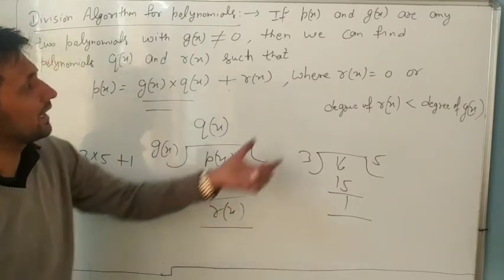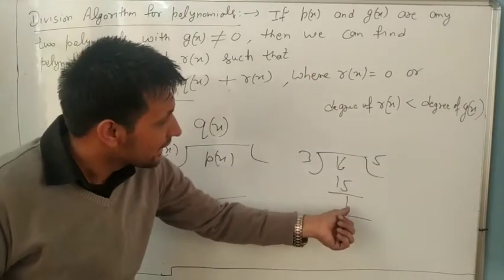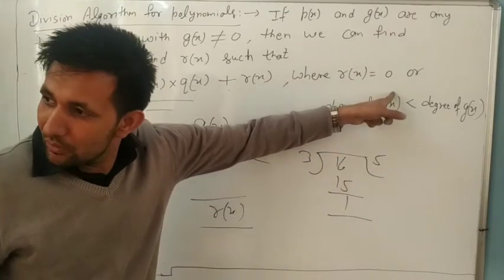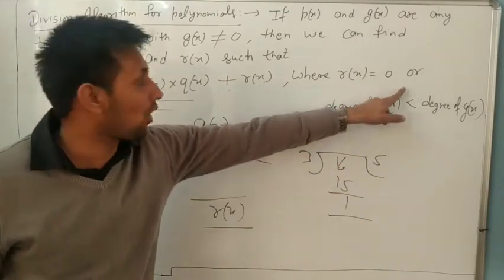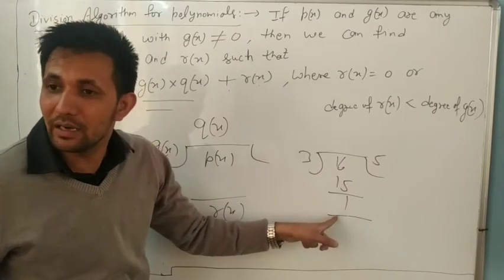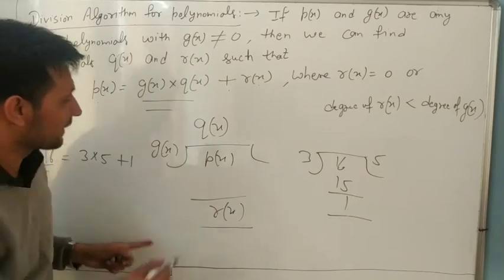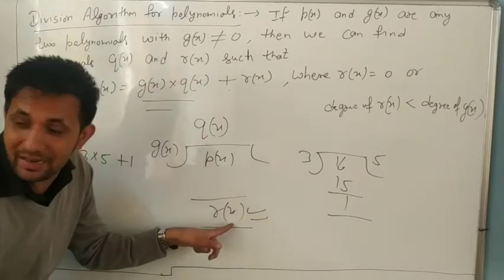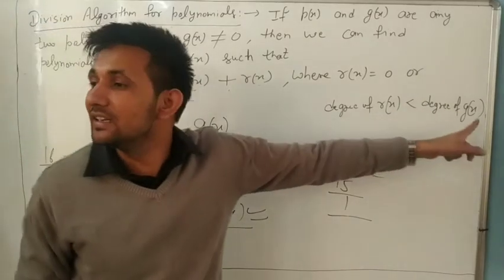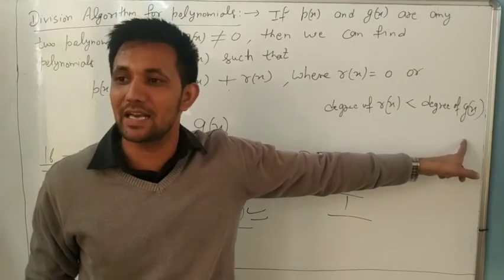Now we will write the condition here. What is r(x)? The remainder may be 0, so r(x) may be 0 or less than the divisor. But here we are talking about polynomials, so we say that the degree of r(x) is less than the degree of g(x). Understand or not?